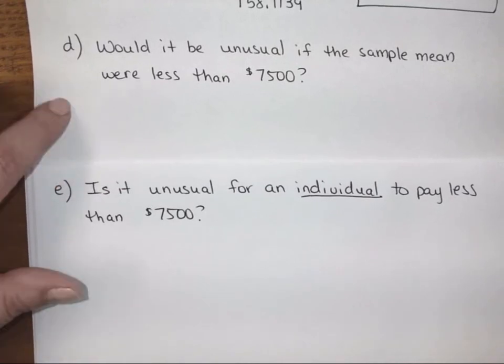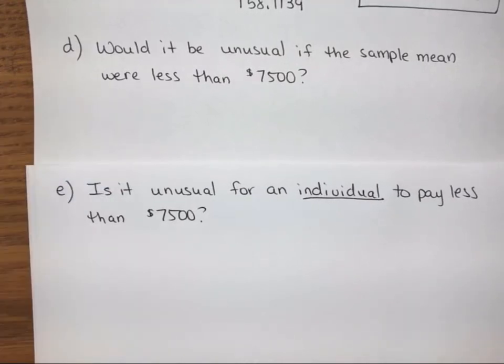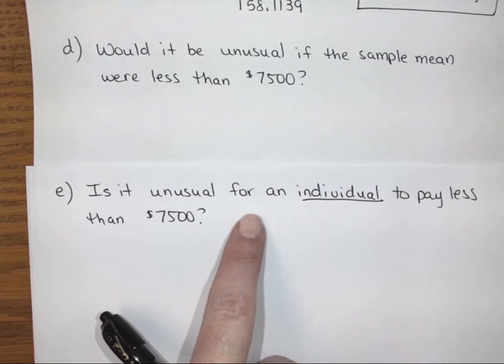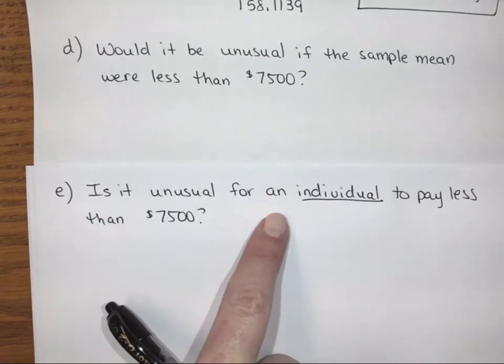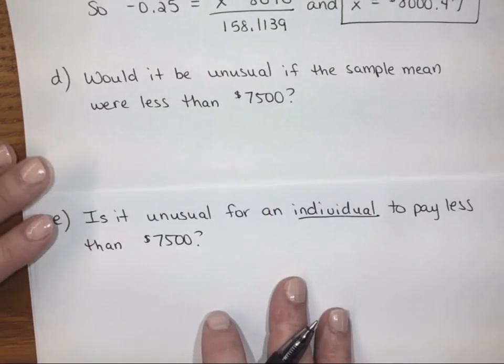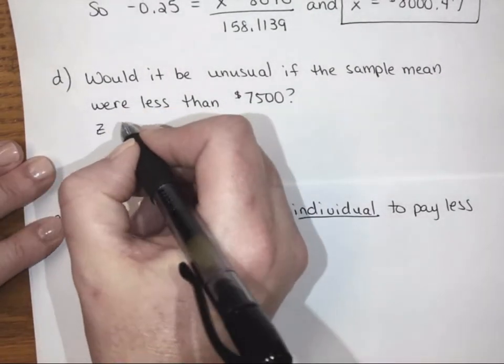In the first question in part D, I'm asking, would it be unusual for the 1,000 tax returns that the IRS chose to audit for them all to average less than 7,500? Whereas this one, I'm just asking for one individual tax return. Okay, so it's definitely a different question. So let's tackle part D first, and then we'll talk about how part E is different.